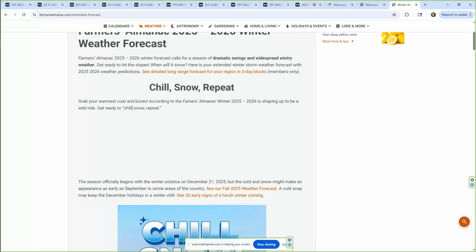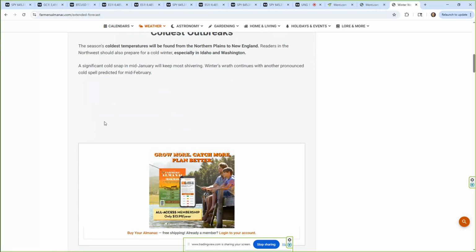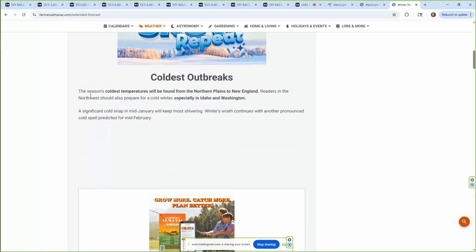Get ready to chill, snow, repeat. That's fall for 2025. Coldest outbreaks. The season's coldest temperatures will be found in the northern plains to New England. That's the entire Northeast, all the way down to Kansas, Tennessee, that area.